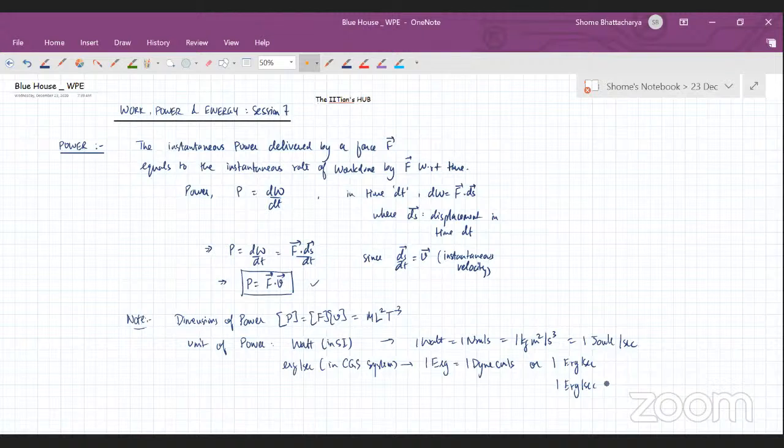So 1 erg per second is 10 raised power minus 7 joules per second.